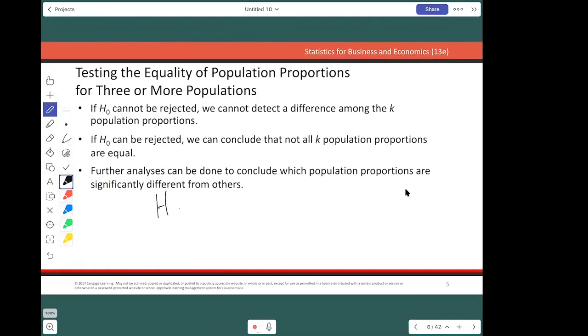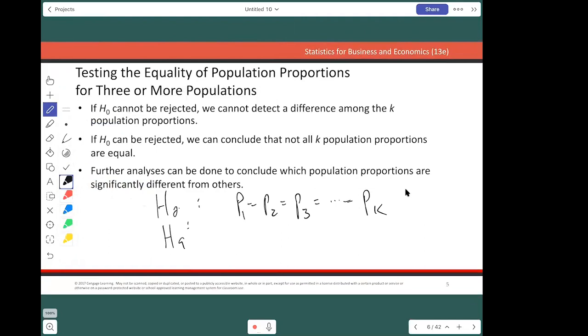So we would say H0, Ha. Typically we would write something like p1 is equal to p2 is equal to p3 is equal to pk, because remember we say three or more populations. So that's what the null hypothesis would state.